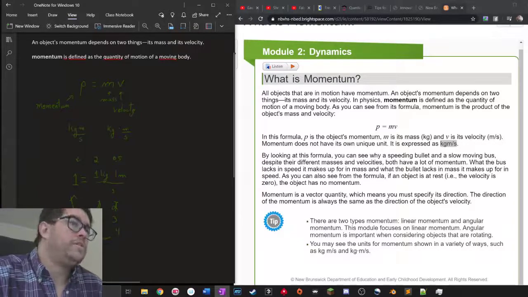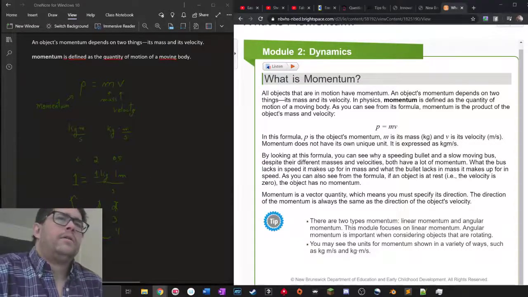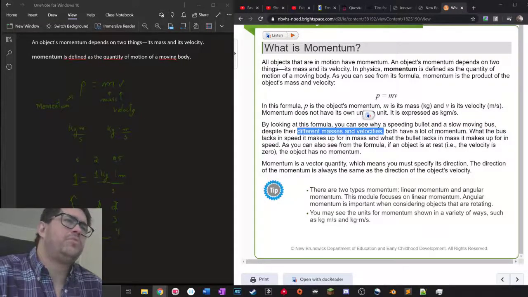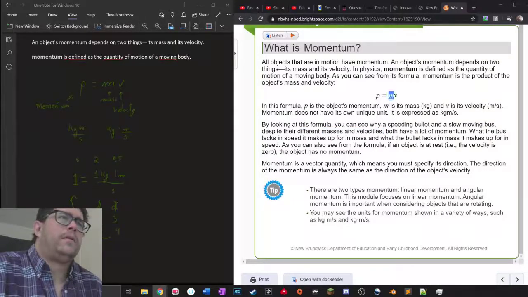Quantifiable quality. I want to take more notes. Looking at this formula, you can see why a speeding bullet and a slow-moving bus, despite their different masses and velocities, both have a lot of momentum. The bullet has a small mass, great velocity, so immense momentum. And the bus has great mass, but slow velocity.